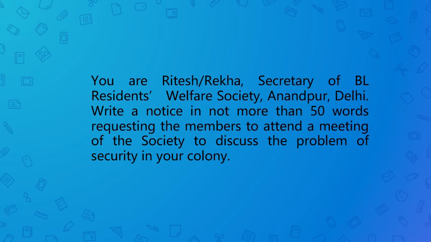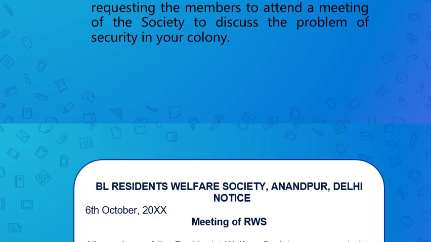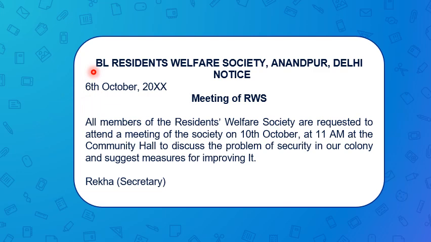In this question, we have a notice for a residence society, and here they are calling a meeting to discuss the problem of security in the colony. As you can see, they have the name of the society, the place, notice, the date here, the subject here.